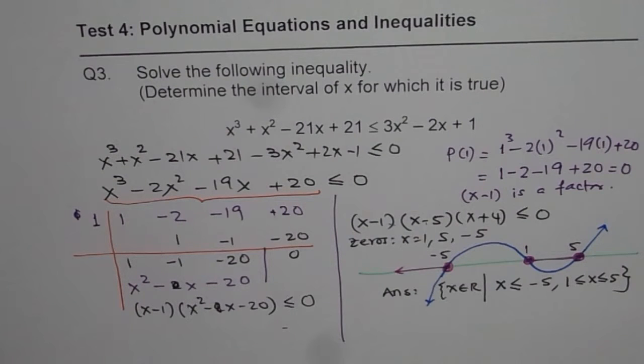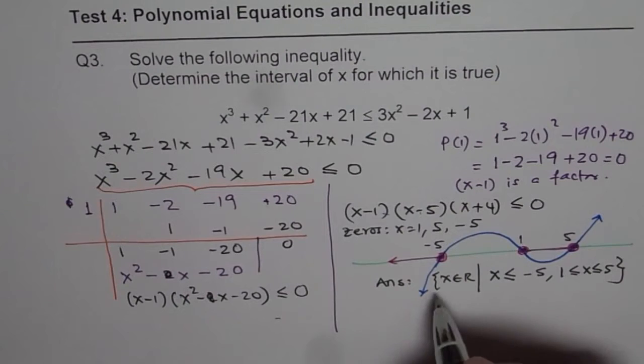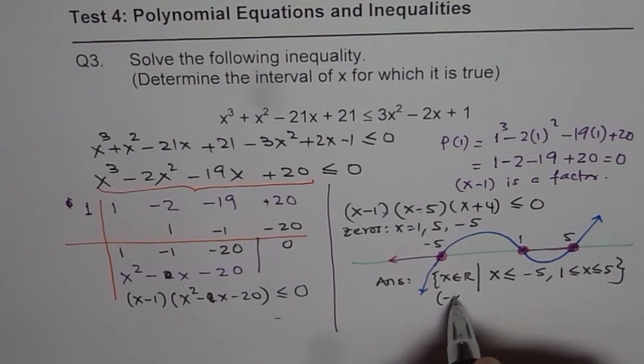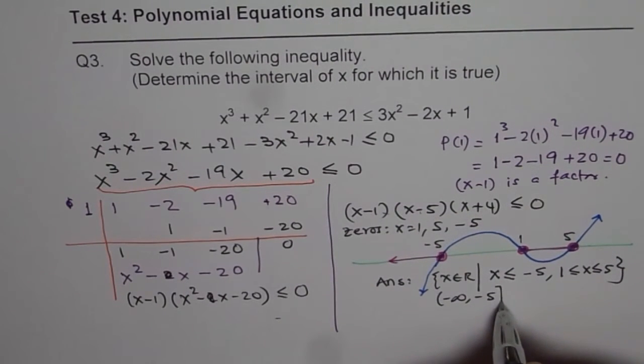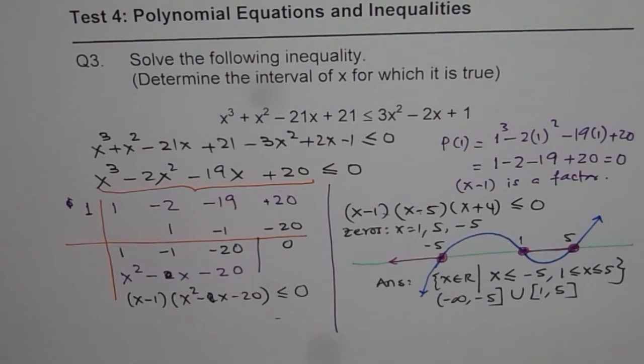You could also write the solution in interval form: from minus infinity to minus 4, including minus 4, union, 1 to 5 inclusive. That is the interval notation, and the previous was the inequality form.